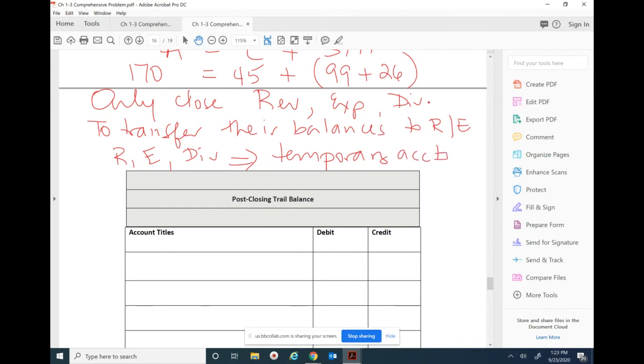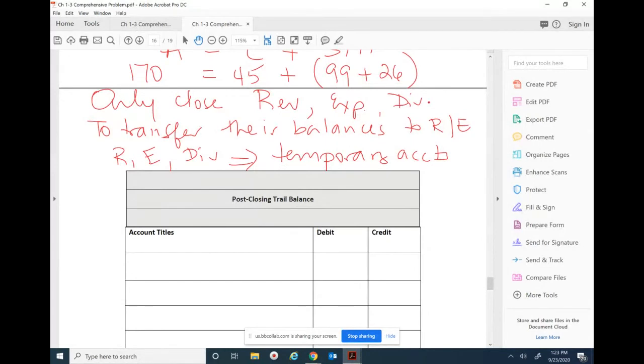They're closed temporary accounts because at the end of the period, we need to zero them out, close them, and get them ready for the next period. So now our next step would be to find those accounts.